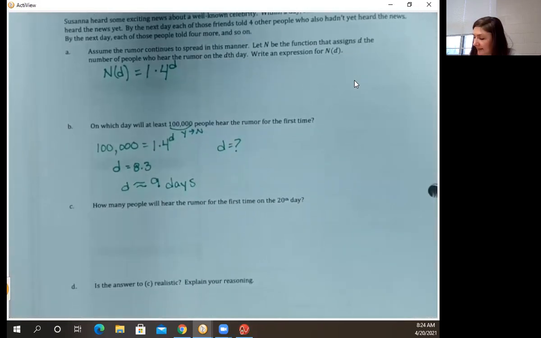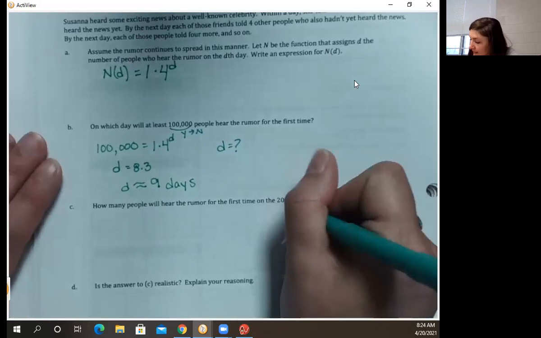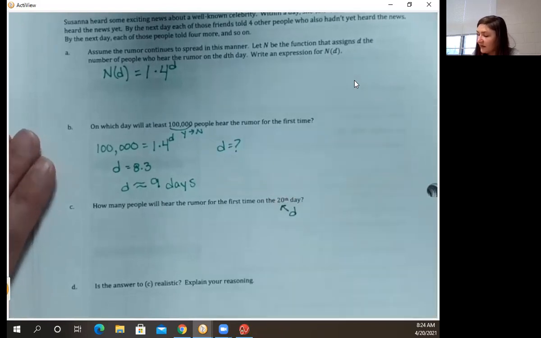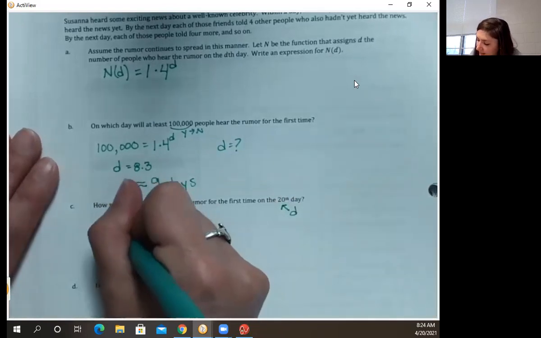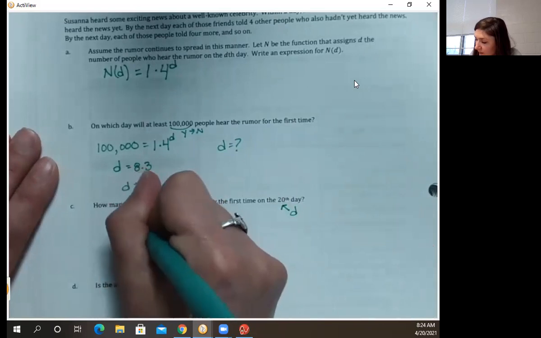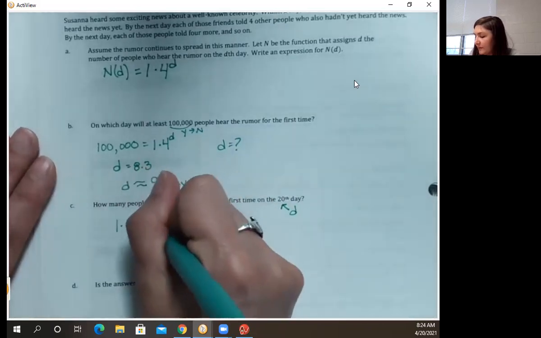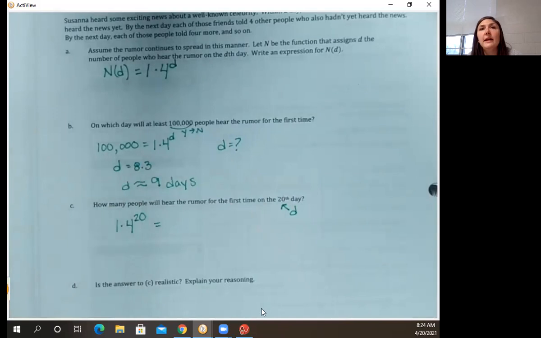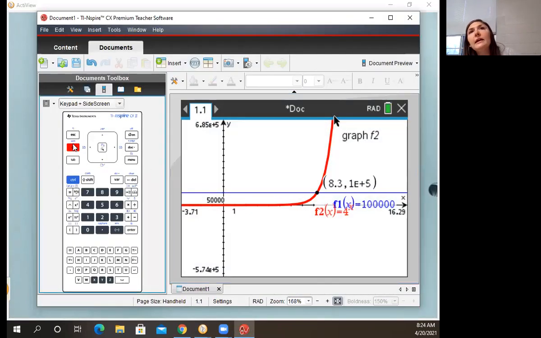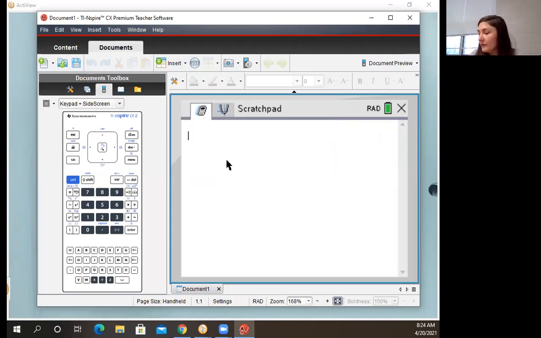For C, it says how many people would hear the rumor for the first time on the 20th day? This time, I know the value for d, so I'm going to plug that into my function. What we're trying to find is that number of people. So I'm going to go back to my calculator here. And this time, I just want to do a quick calculation.